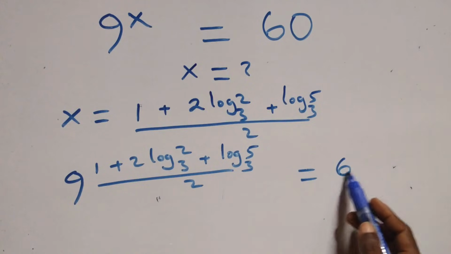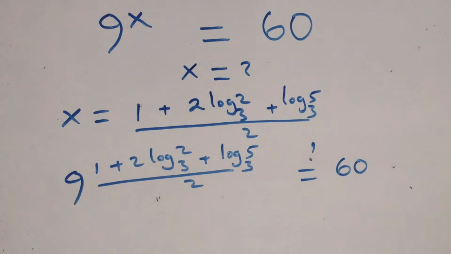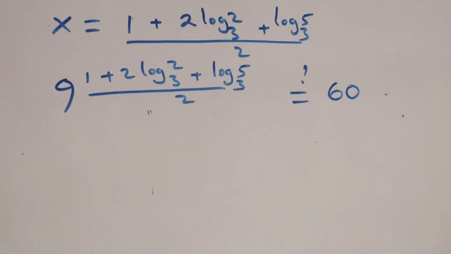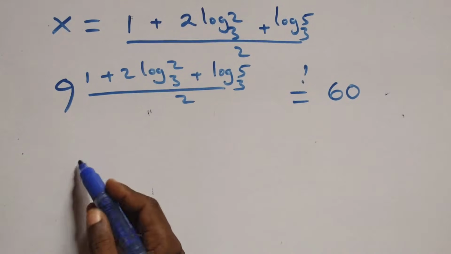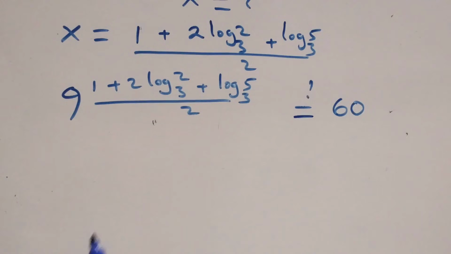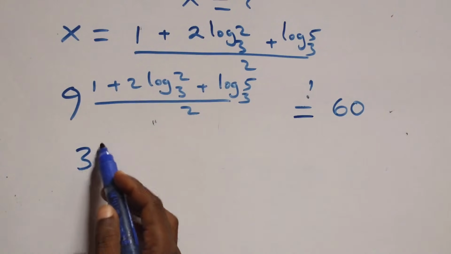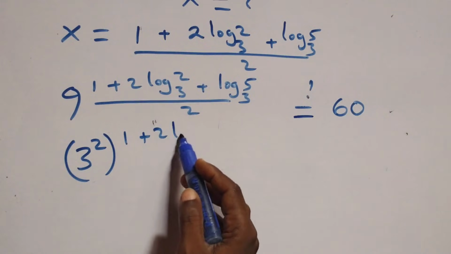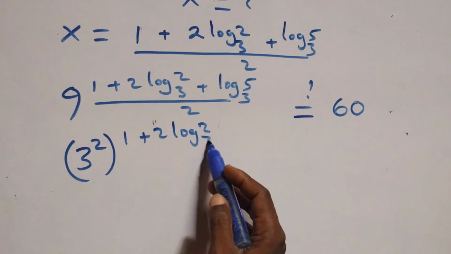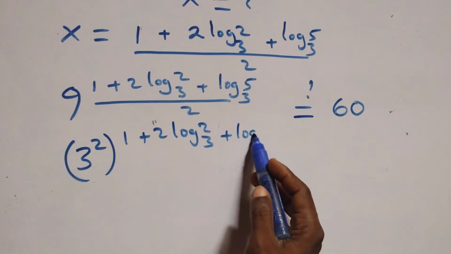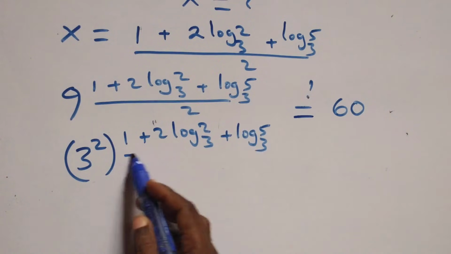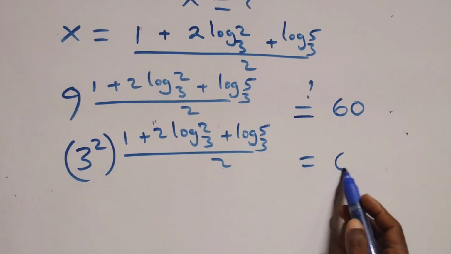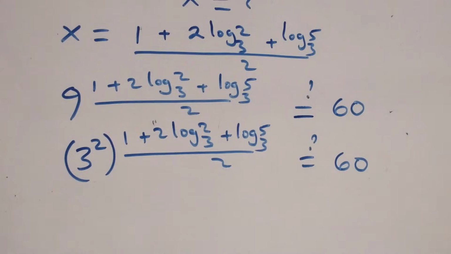This is equal to 60 on this side. Then next step here, we can express 9 as 3 squared. 3 squared raised to power 1 plus 2 log 2 base 3 plus log 5 base 3, all over 2. This is equal to 60 on this side.